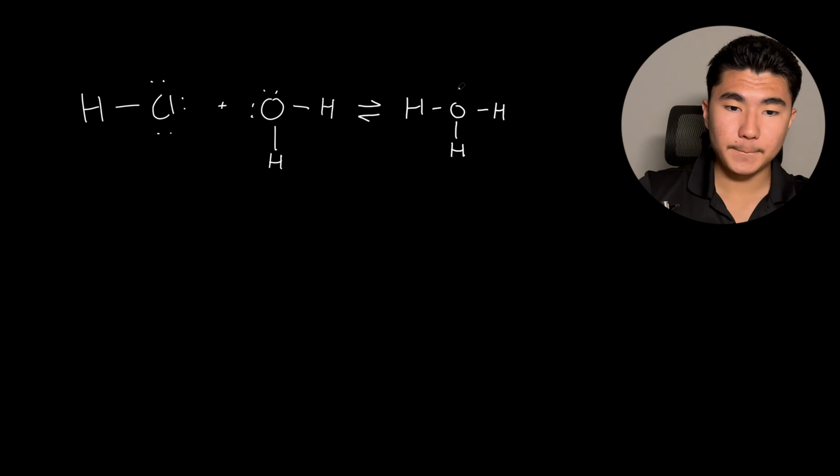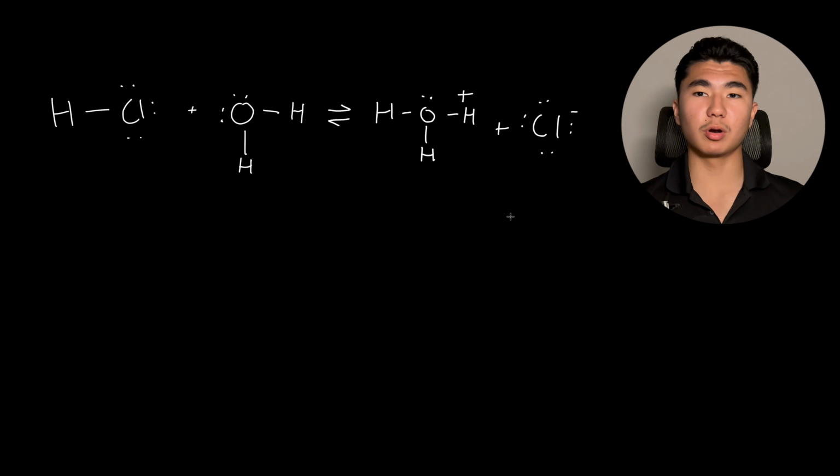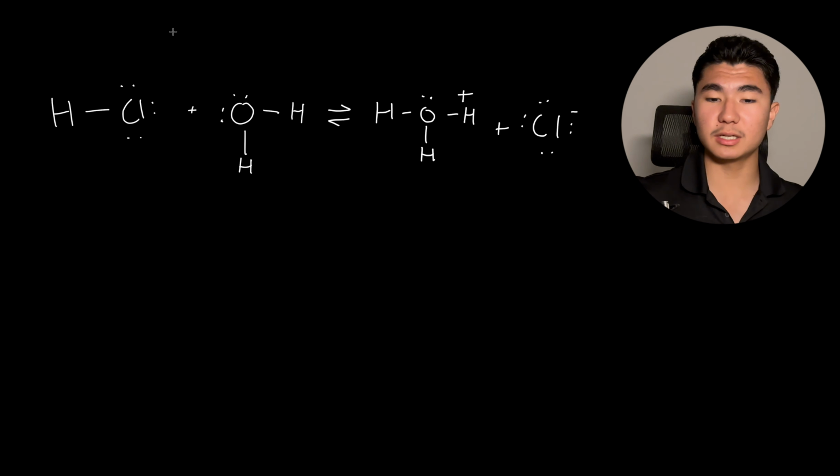And we have Cl, our chlorine, with a minus charge, and we fill in that octet. So here is our Lewis structure for that example we were talking about with the Bronsted acid and conjugate base: HCl plus water going to hydronium plus chloride.